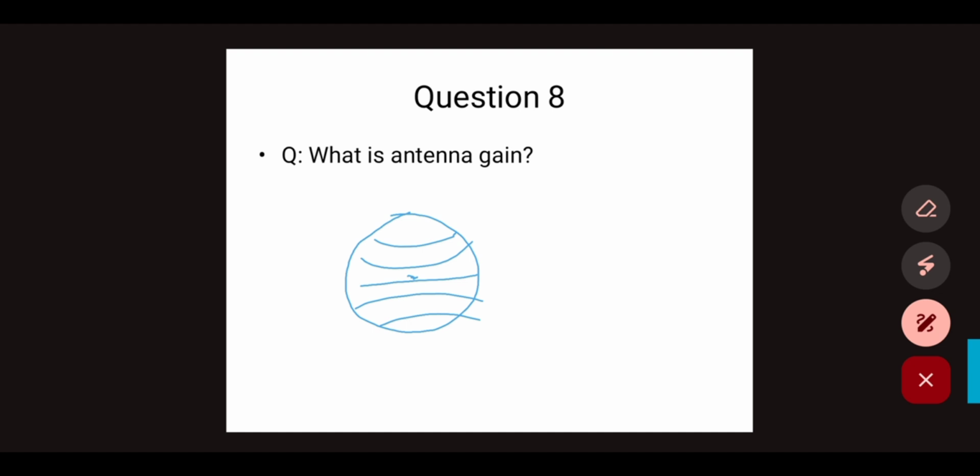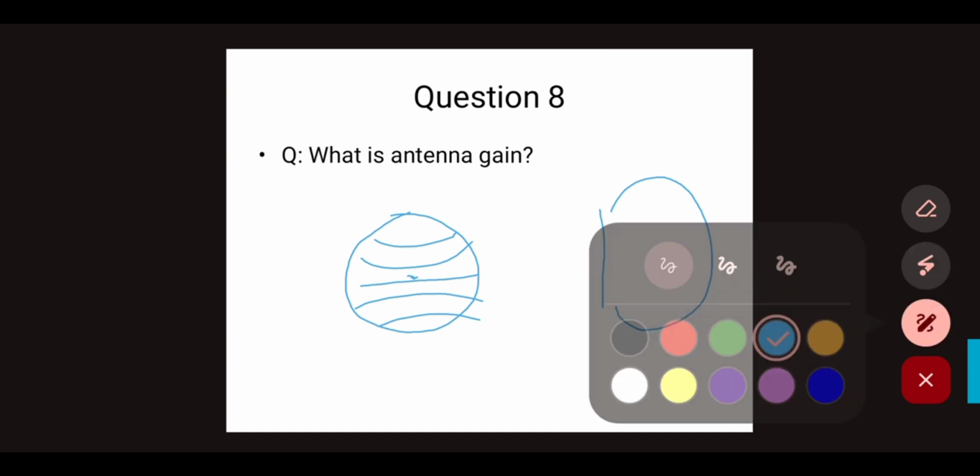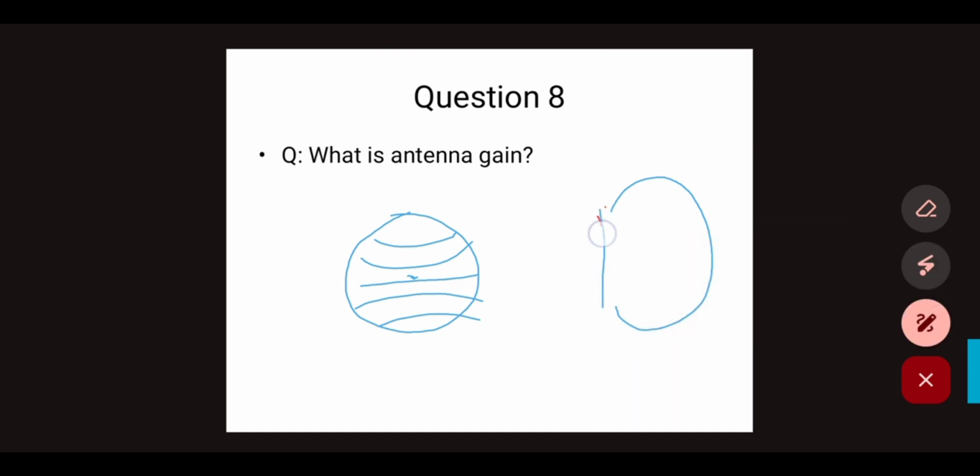But in a real case, for example, consider we have a monopole antenna. It will radiate in this fashion. Suppose this is our antenna, which is in red color, and we have a radiation pattern in this direction.